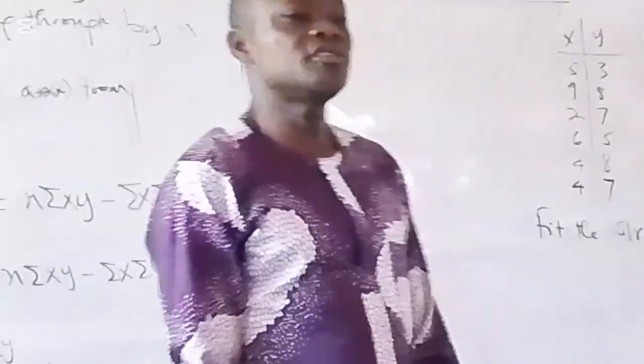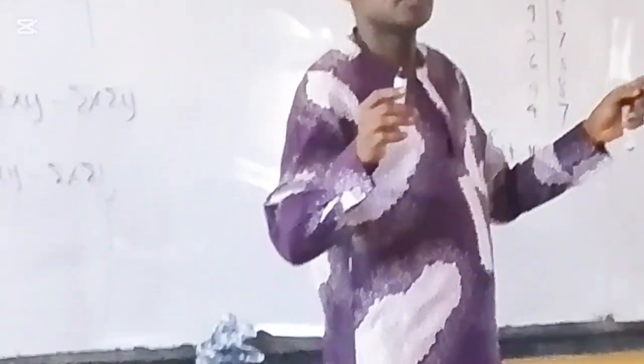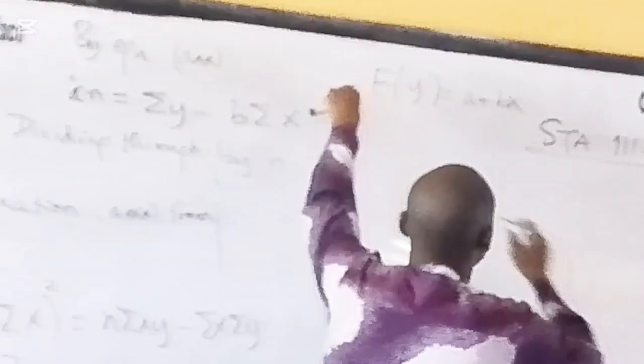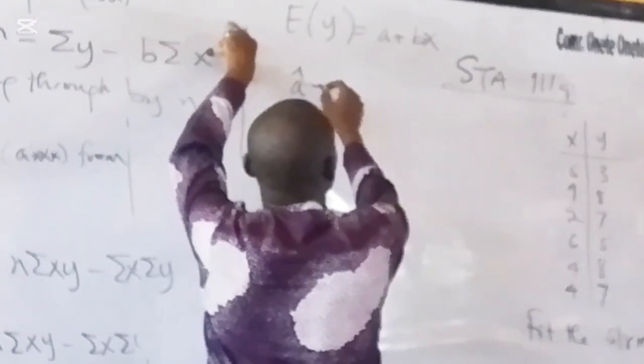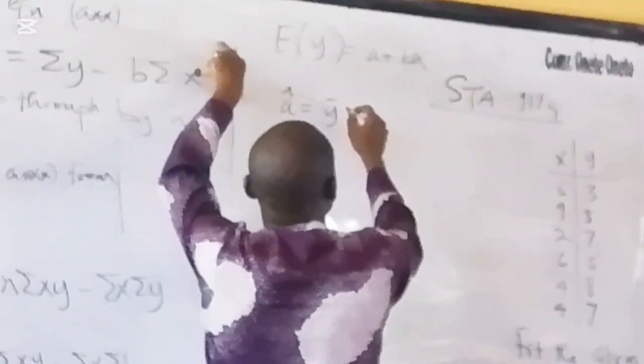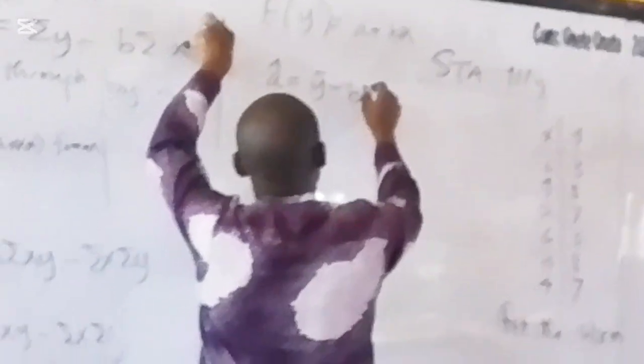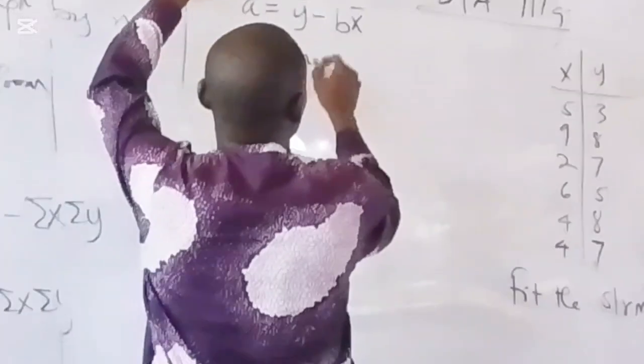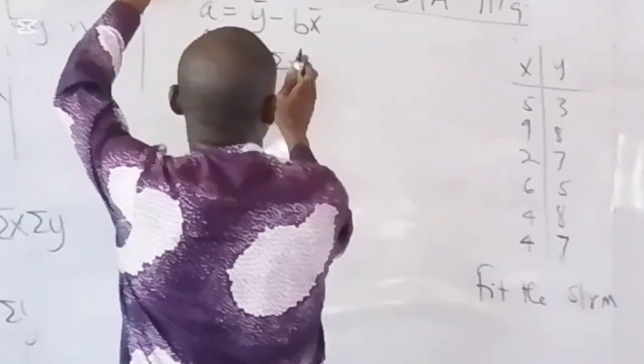To fit it, there are two formulas given to us. One of the formulas says a is equal to y bar minus b x bar. The second one, b hat, says we have n sum of xy minus sum of x sum of y over n sum of x squared minus sum of x all squared.